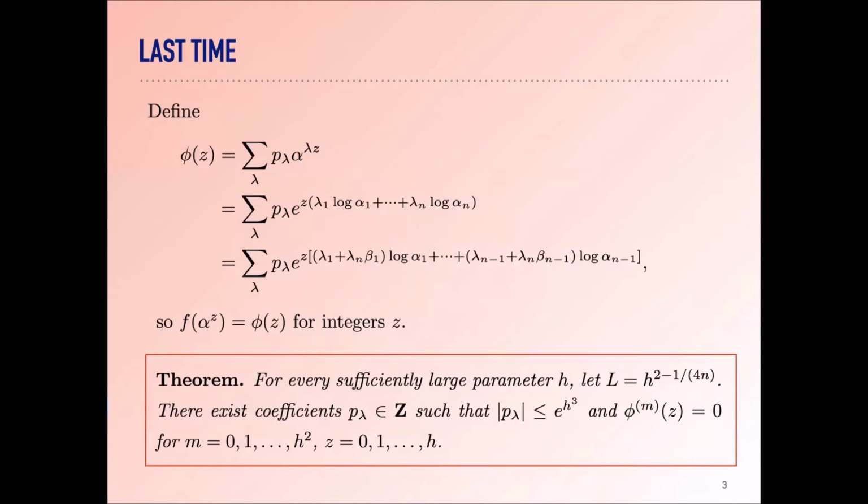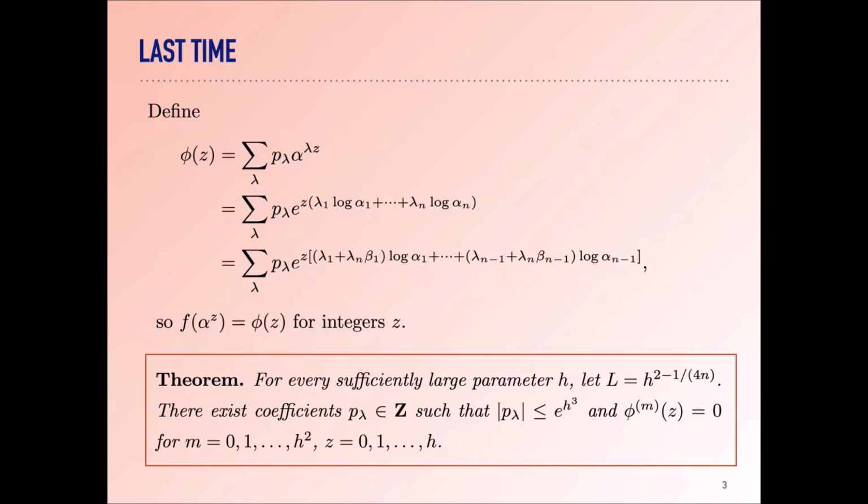What happens if you take the derivative of this? Well, the thing that you're multiplying z by comes down m times. So you get this expression in square brackets raised to the mth power. You multiply that out, you get a multinomial coefficient. You'll then get lambda 1 plus lambda 2, up to lambda n, beta 1 to the m1 power, all the way up to this term to the m sub n minus 1 power. And then you'll get a product of the log alpha i.